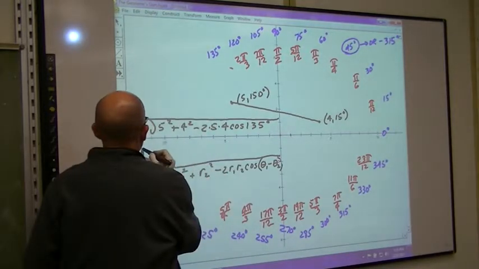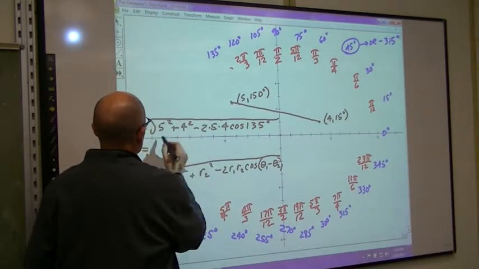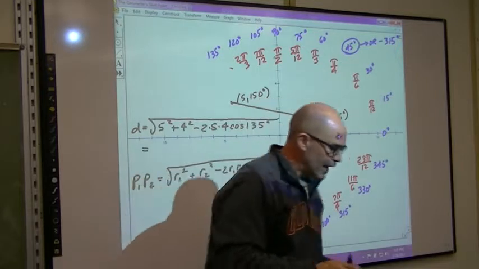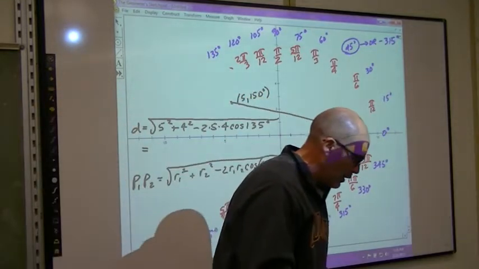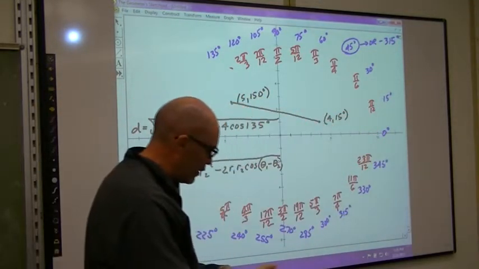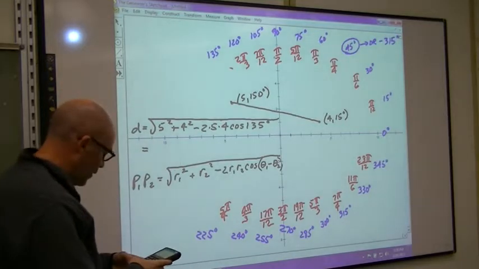Okay, so this ends up being 25. Yeah, it's time to crank it out in the calculator because we want a distance in decimal. So you know the cosine of 135 is going to be negative square root of 2 over 2, which is going to be about negative 0.707. But let's go ahead and crank this out.